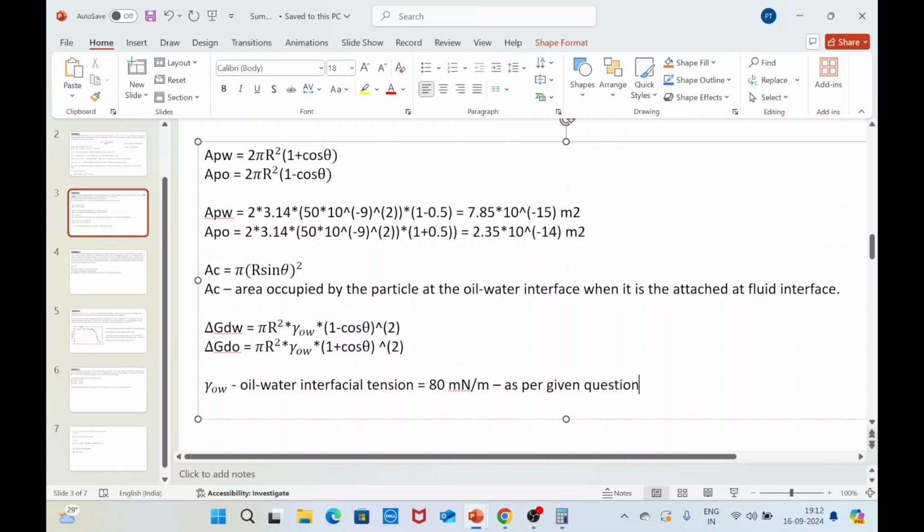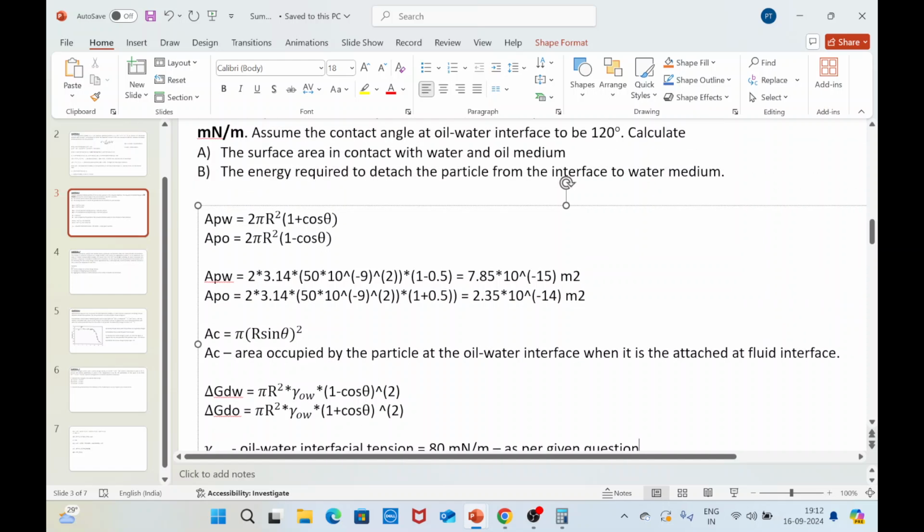That is the reason the area that the particle occupies in the water medium is less compared to the oil medium. Similarly, if you calculate both the energies, you can see the difference in their magnitude.